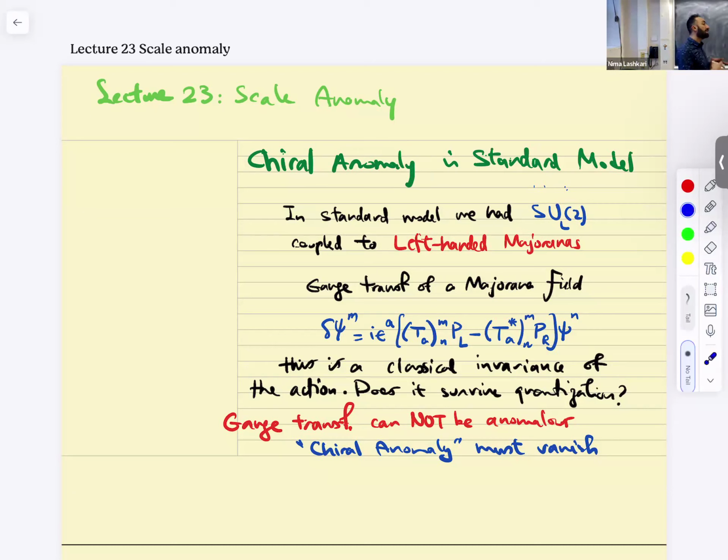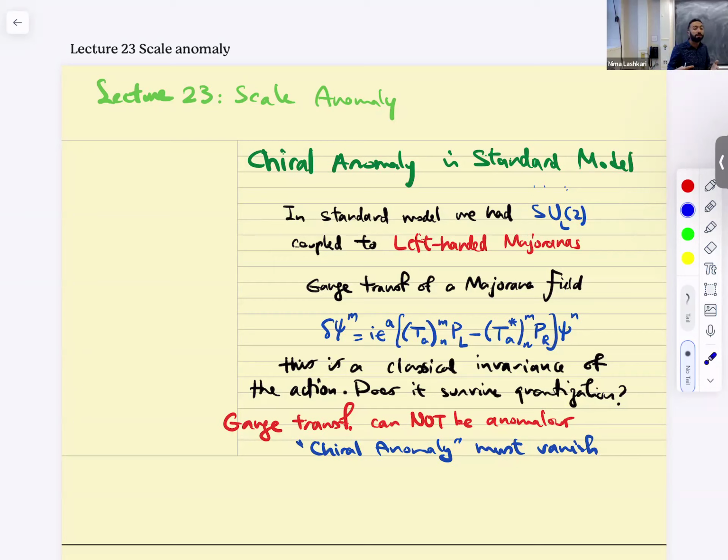Anomaly was when you had a classical symmetry, a symmetry or invariance of the classical action, that was not surviving in the quantum world, and we call it anomaly. Global symmetries could be anomalous. That means that the measure is not preserved, so it's no longer a unitary transformation. Gauge transformations cannot be anomalous. That sounds wrong. It's just that the theory doesn't make much sense.